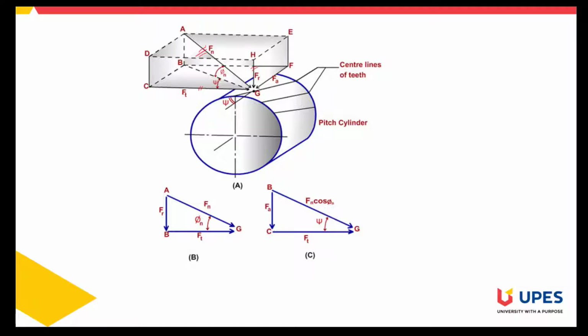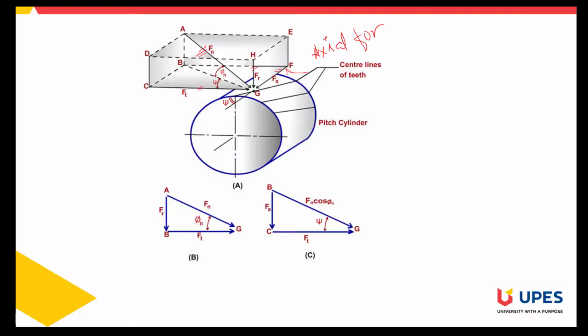And the last part of this is Fa. This Fa is an important component, and it acts in the axial direction, and therefore this force is the axial force, which we are more interested in.